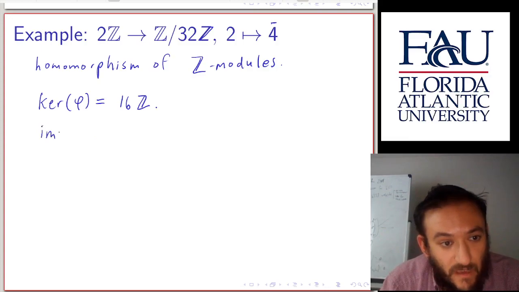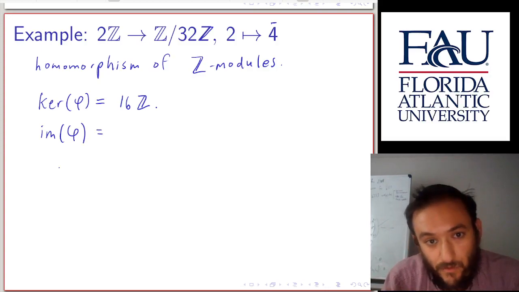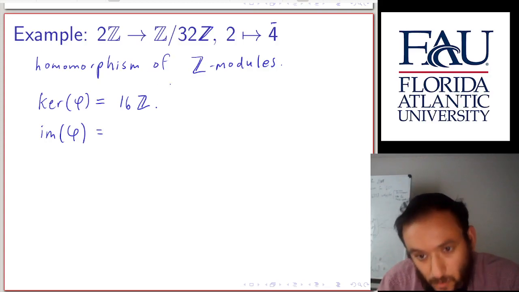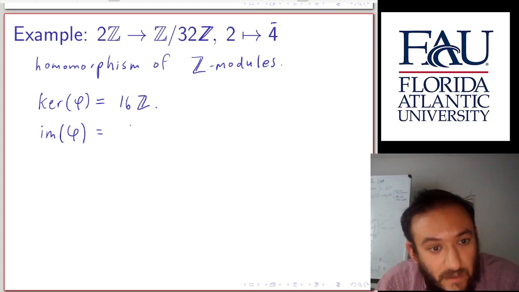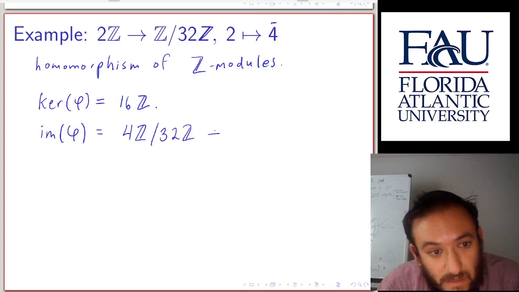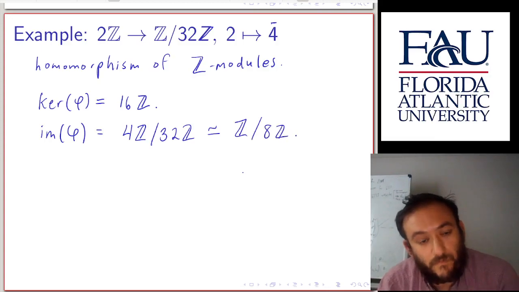The image of phi, because you're sending the generator of the module to the element 4, everything will be in the span of 4. But that's just a subgroup or an ideal of this ring. So this will be 4Z mod 32Z. And as we know, this is isomorphic to Z mod 8Z.